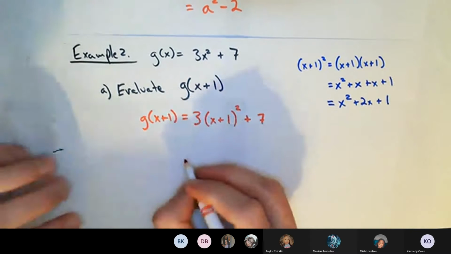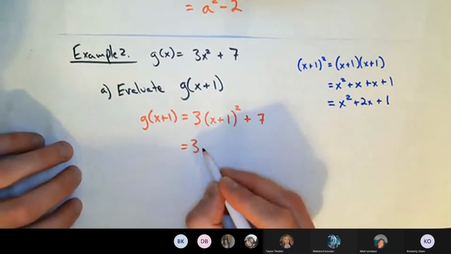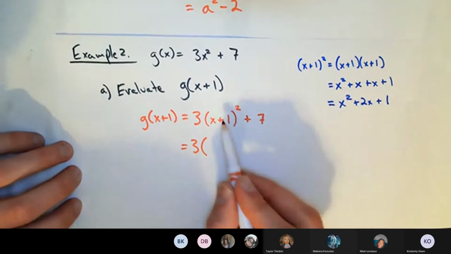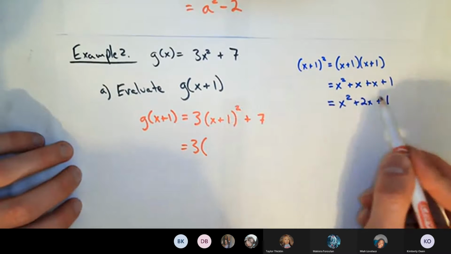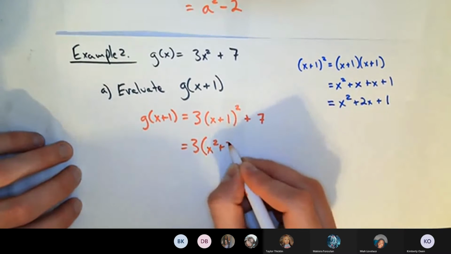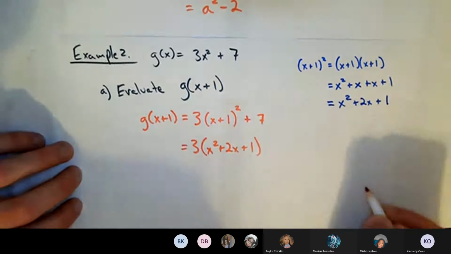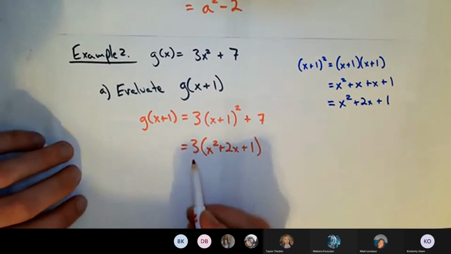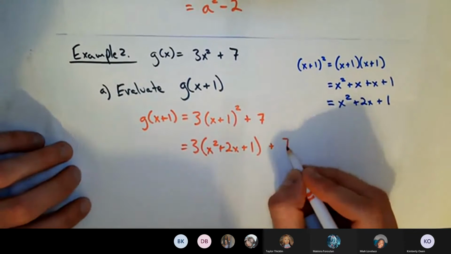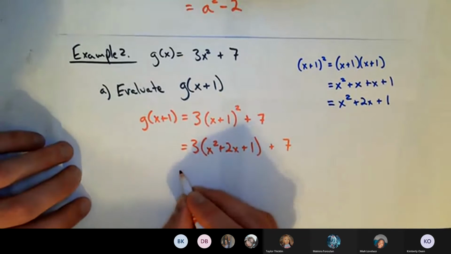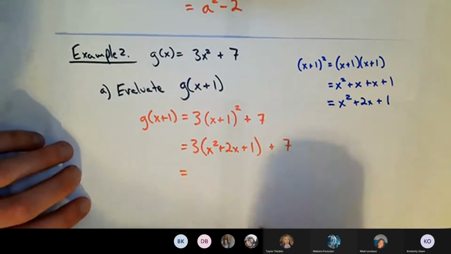So now I'm coming back over here and saying 3 and then parentheses, this whole thing, this x plus 1 all squared turns into this, x squared plus 2x plus 1. Still wrapped in parentheses because I still have to deal with that 3. And then don't forget the 7. Okay, now I'm going to distribute the 3.